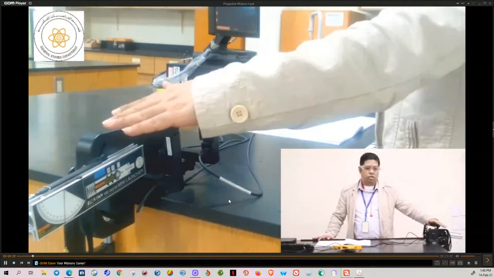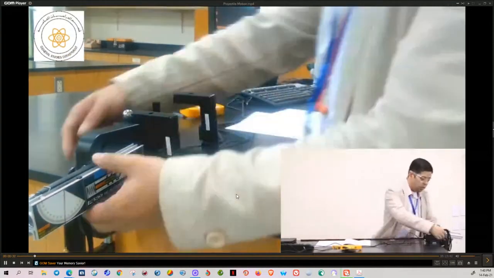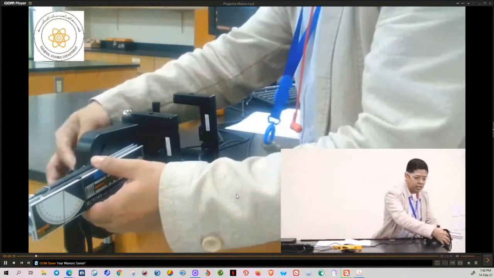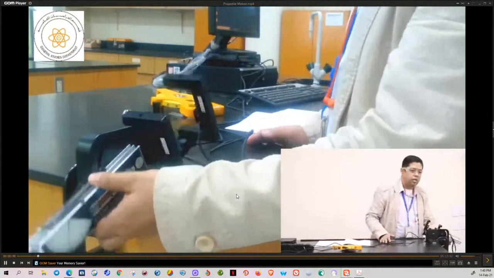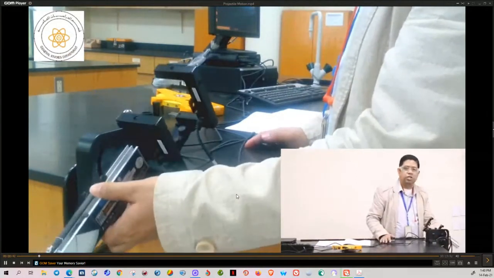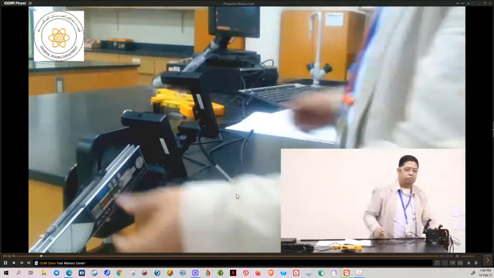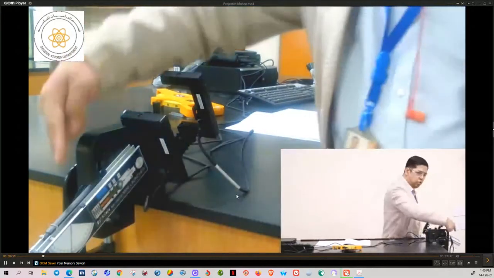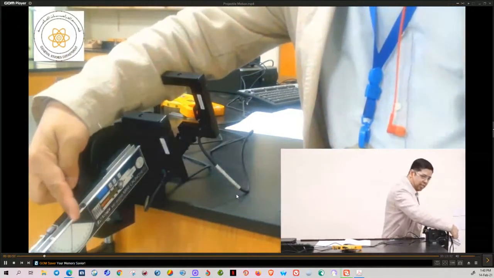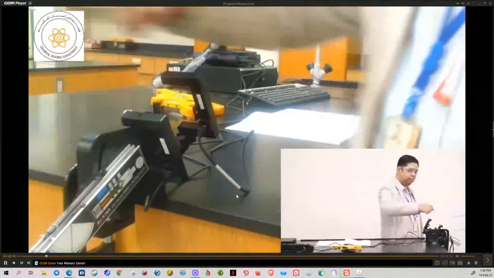A projectile launcher where I can change the angle by loosening the screw at the back here and then rotating, thereby changing the launching angle. The angle is determined by this angle indicator, which is positioned at the end of the projectile launcher.